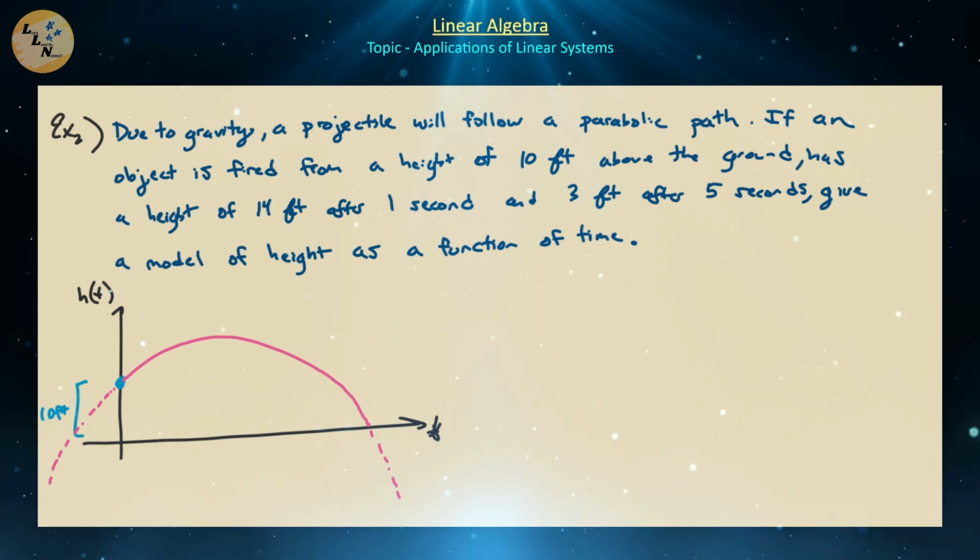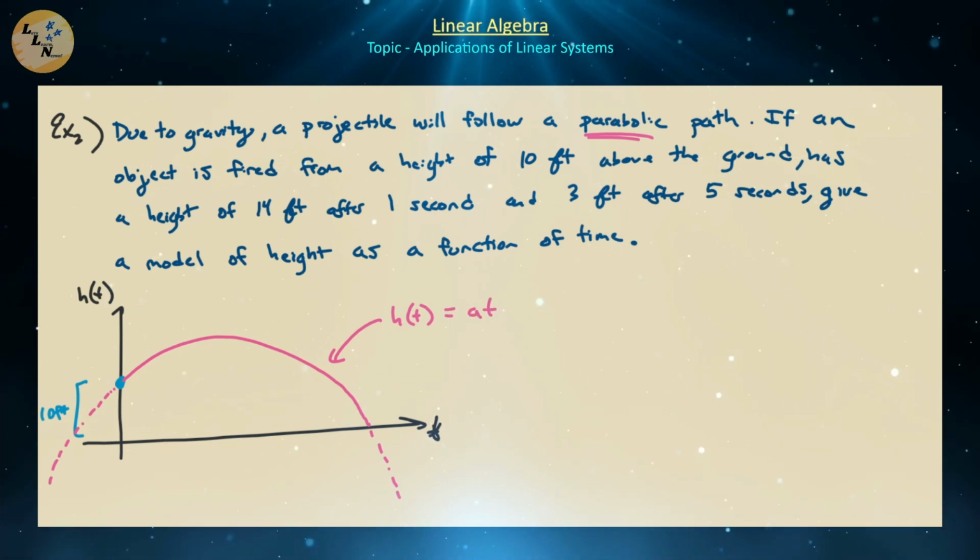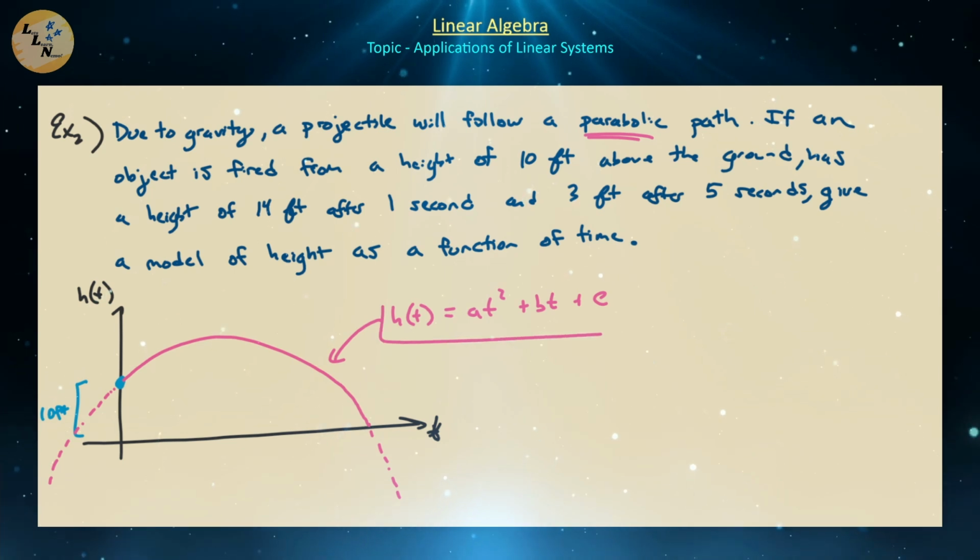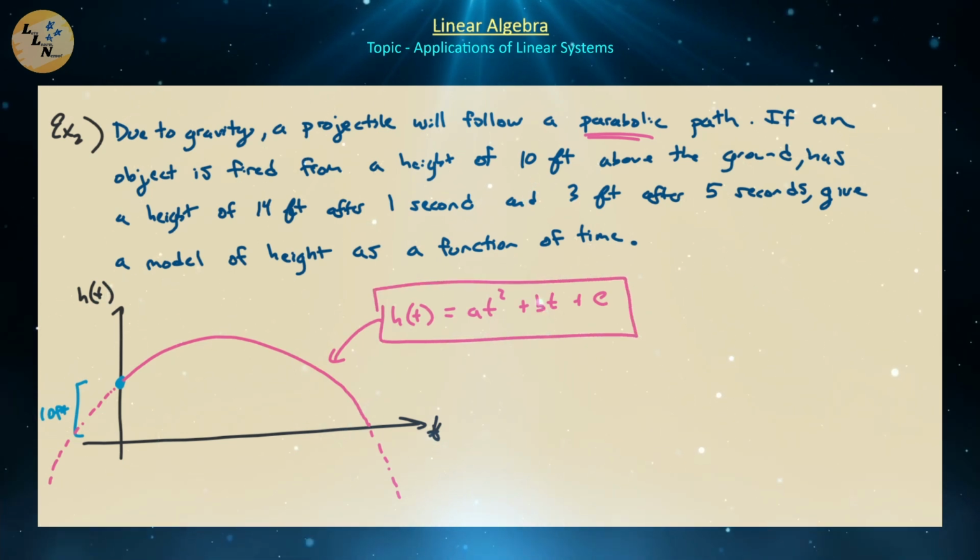So if we have this equation, h of t, which we're assuming to be a parabolic path, that means this equation can be written in the form at squared plus bt plus c, where a, b, and c are constants that we eventually are going to find. Once we have these constants, we can find the maximum height of the projectile, we can find out how long it takes for it to hit the ground, and several other things, which we won't get into now.